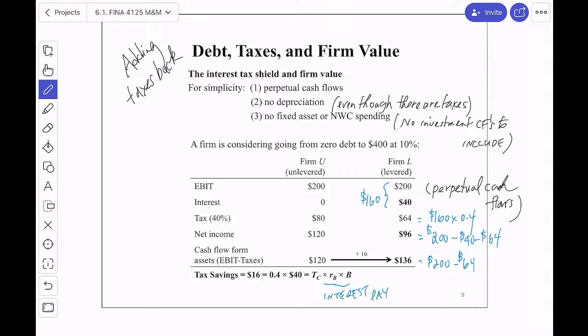When you deduct an amount, you just take the amount. If it was for depreciation, it was a D. Now it's going to be RB times B, and you multiply it by the tax rate. So the cash flow from assets is increased by $16.